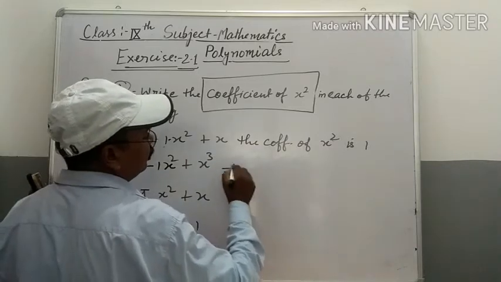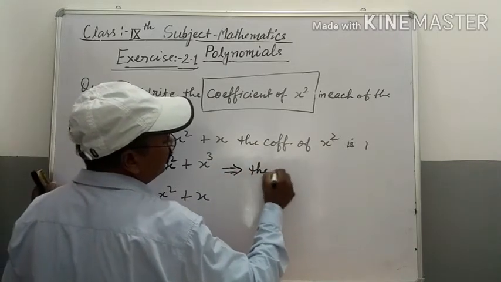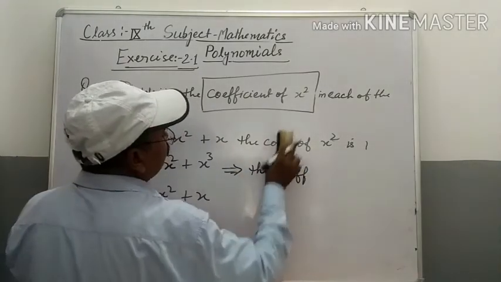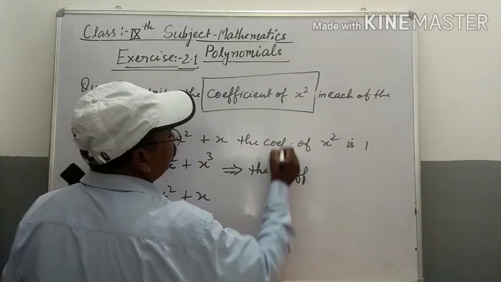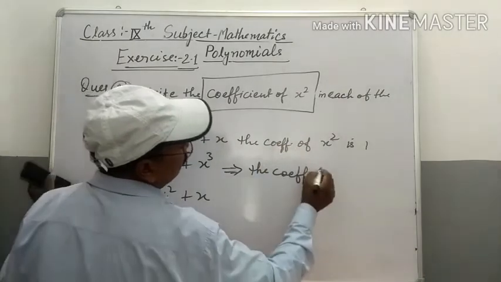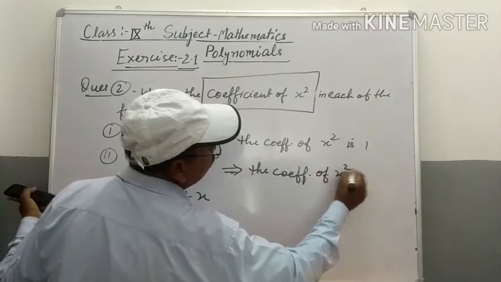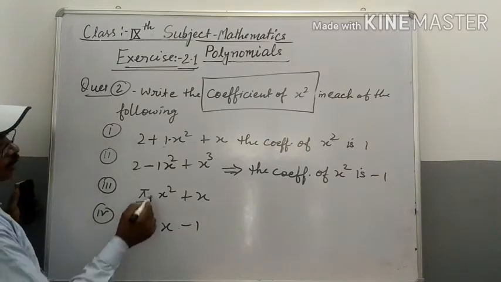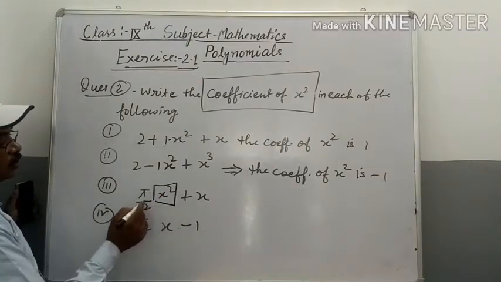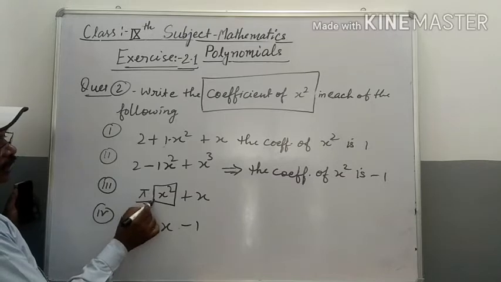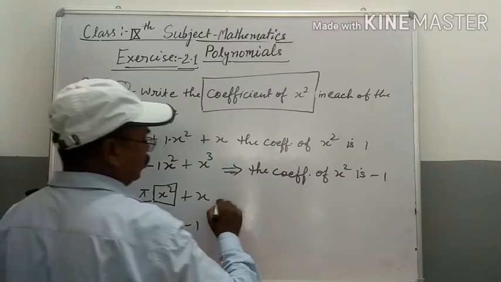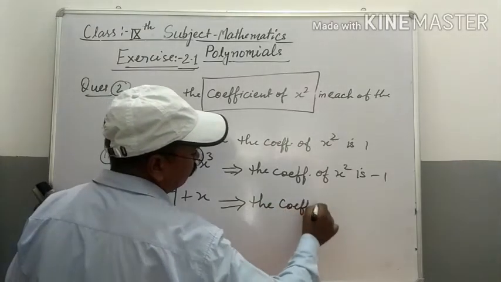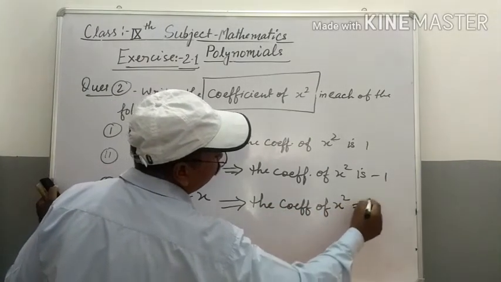You can write, students, this implies the coefficient of x square in this polynomial is minus 1. And third one, coefficient of x square का गुणांक, गुणा वाला अंक, students, x square का गुणा किससे हुआ है? You can see pi by 2. So that implies, students, the coefficient of x square is equal to pi by 2.